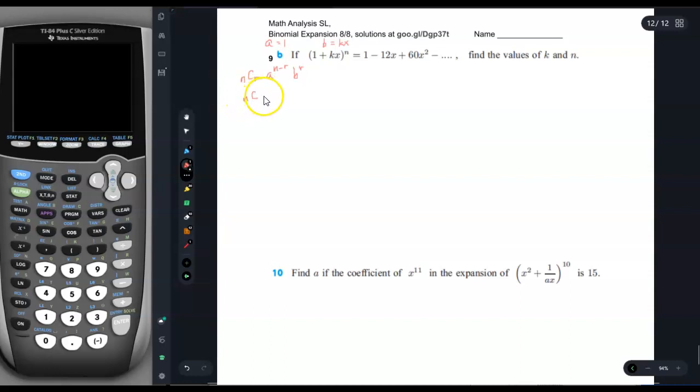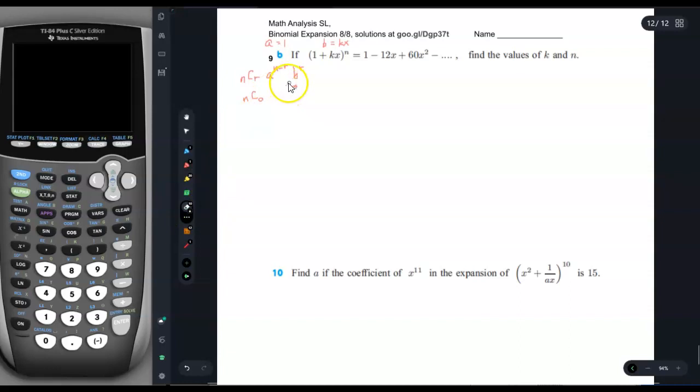The r value for the first term is 0, right? And of course, the a value is 1, so we could put 1 to the n minus r, but 1 to the n minus r is just 1, so we won't even write the a value. If we wrote it, it would be 1 to the unknown n minus 0, but this is just 1, so we're not even going to write it.